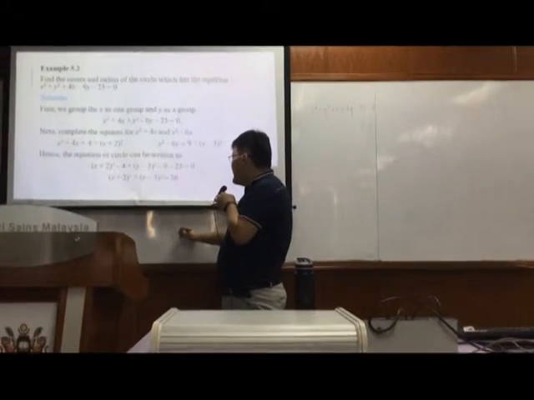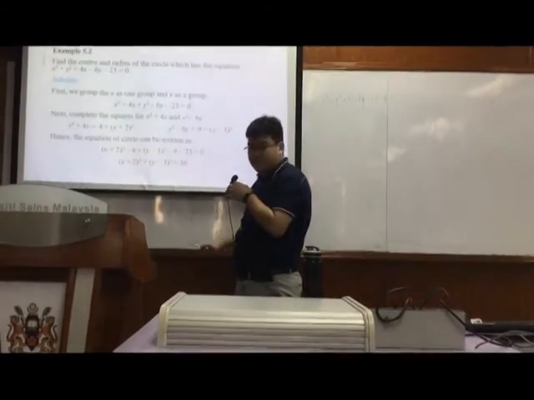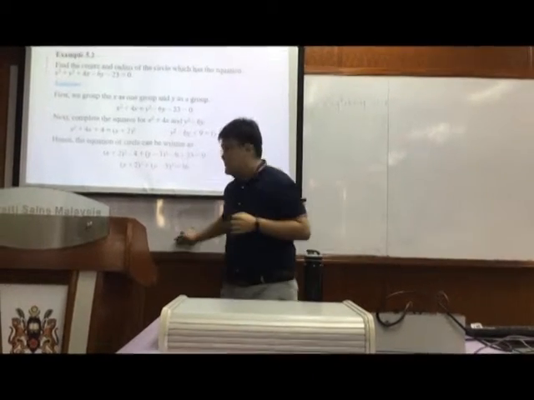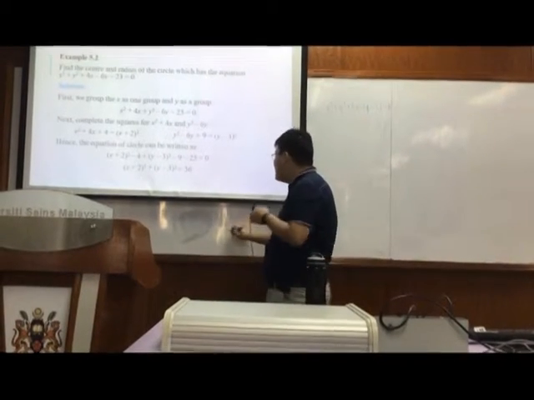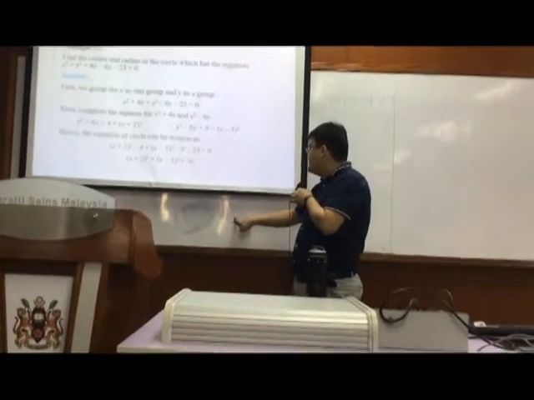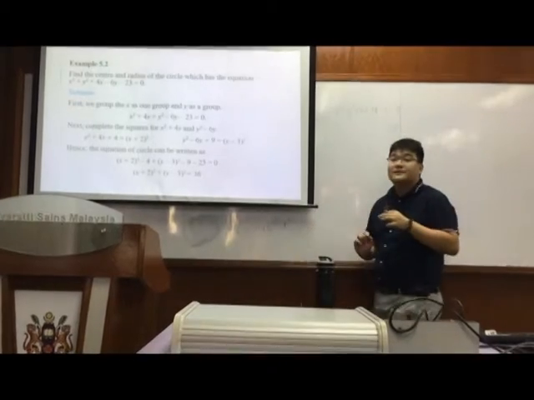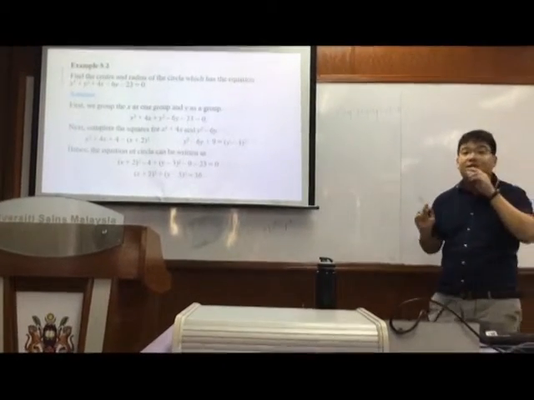Just now we know that x minus a squared plus y minus b squared equals r squared, right? So this is the general equation of the circle.